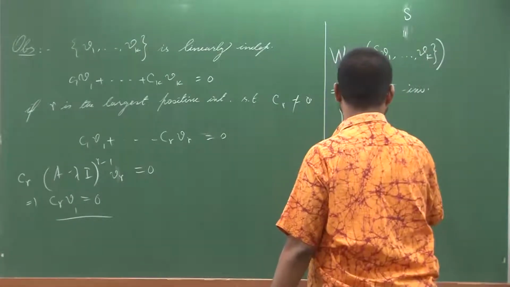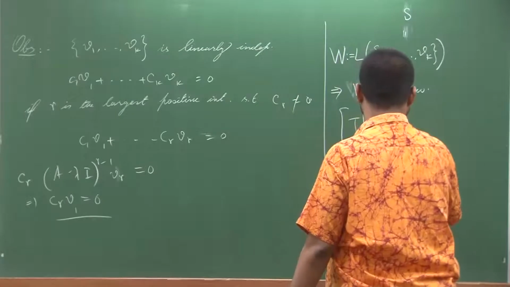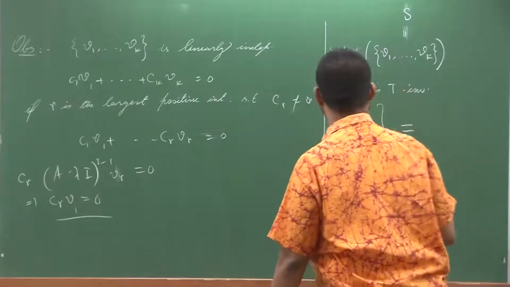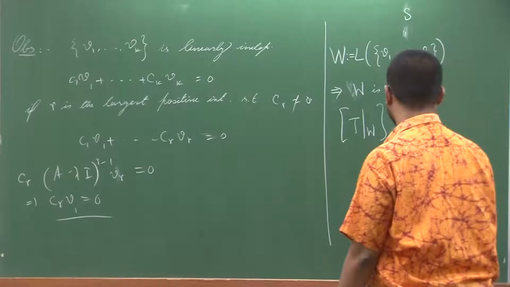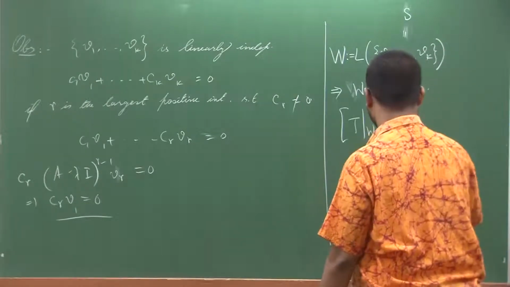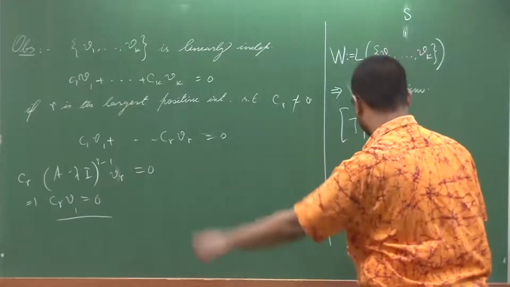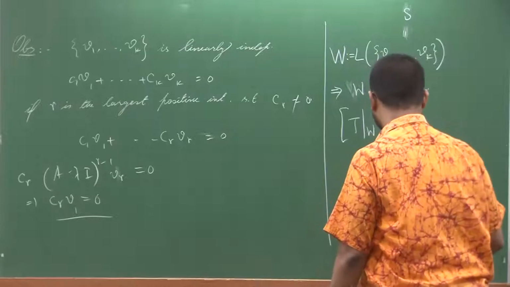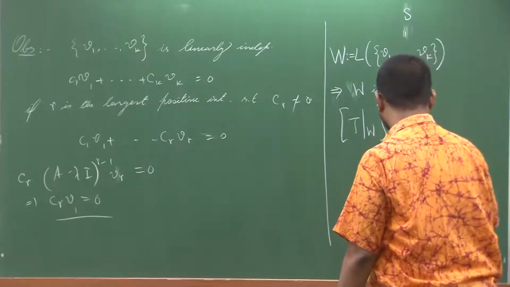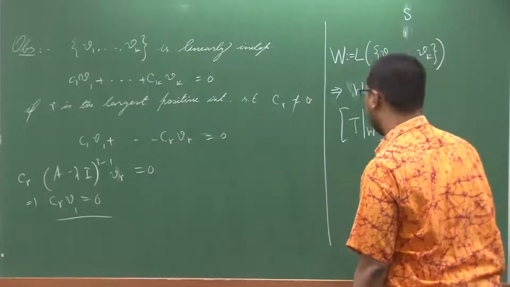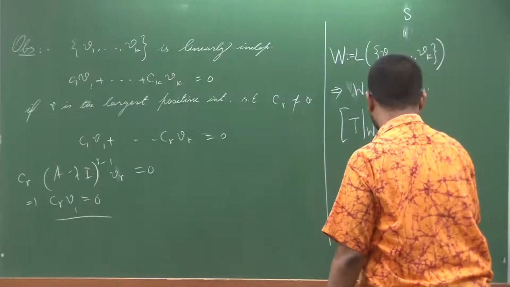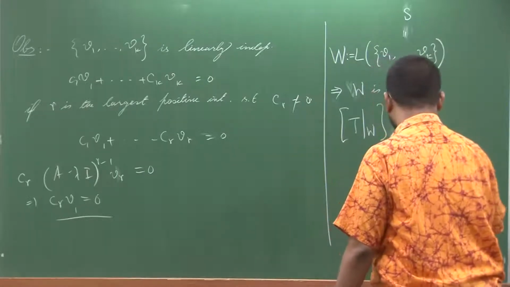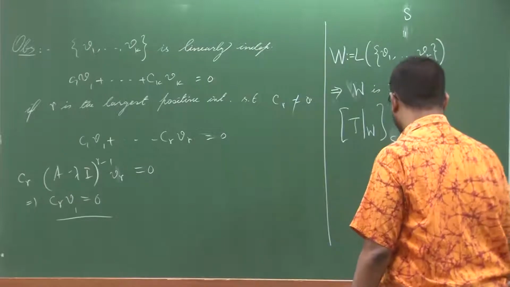If you look at the matrix of T restricted to W with respect to this ordered basis, how will the matrix look? T v1 will be 0, and certainly the others will be 0. Then T v2 will be v1, so there should be lambda, and then again these all will be 0.